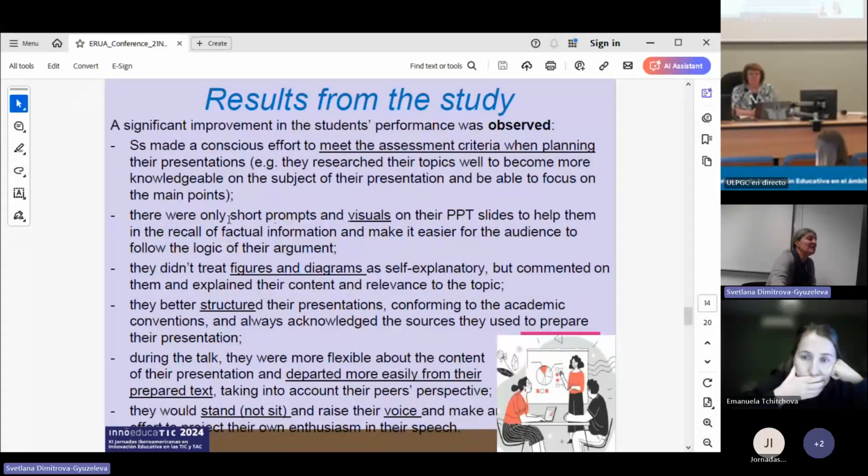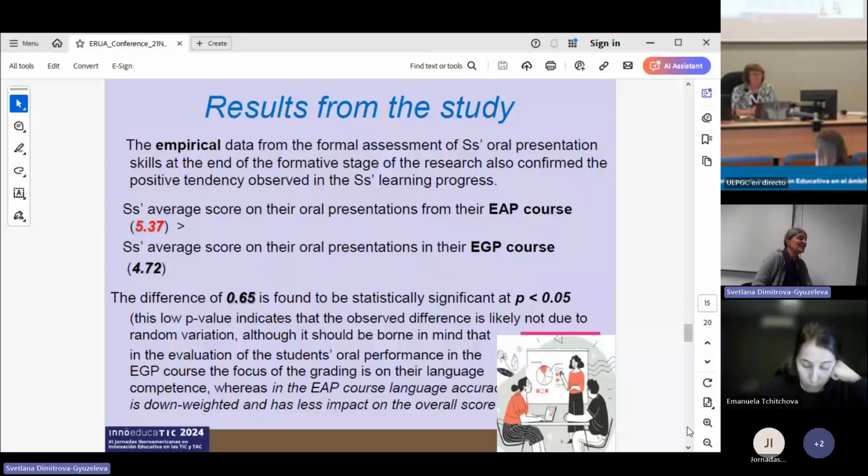They would provide figures and diagrams with explanation. They would structure their oral presentations well. They would find it easier to depart from the prepared text. And their body language would improve. They would stand, not sit. They would speak more enthusiastically and project their voice so that it reaches all members of the audience.